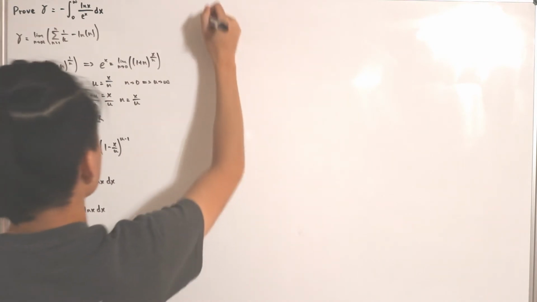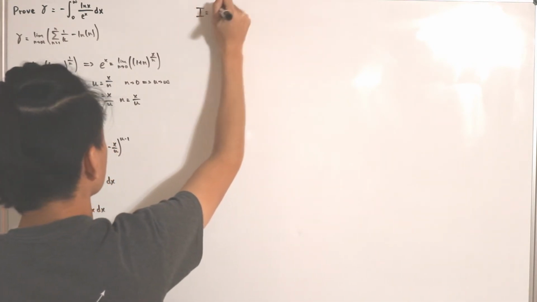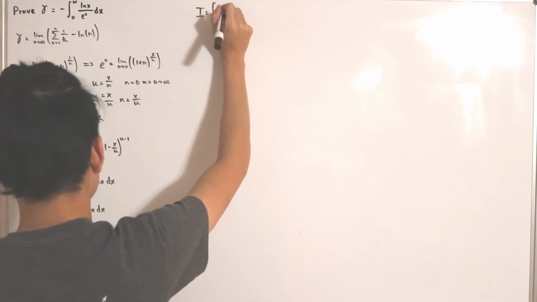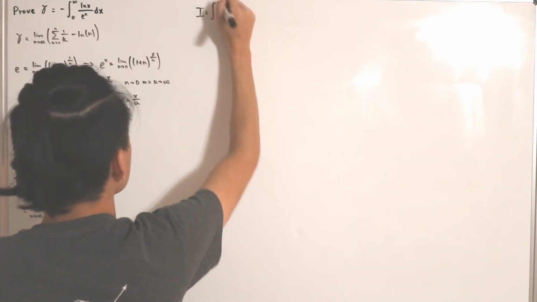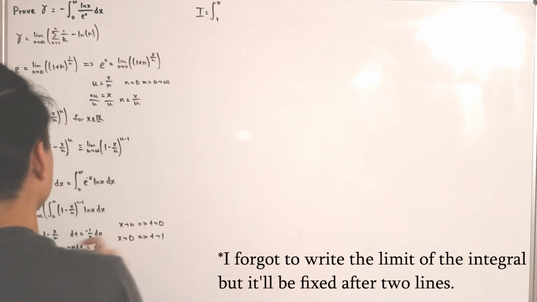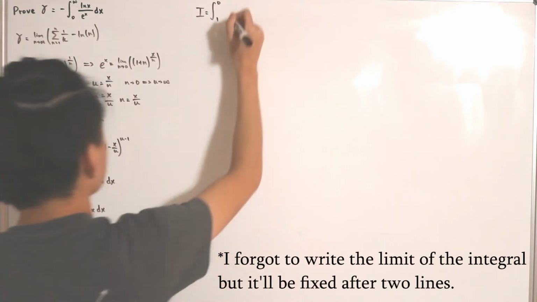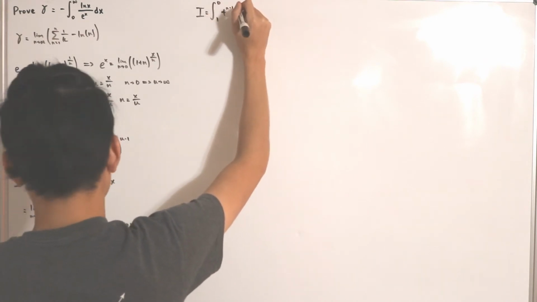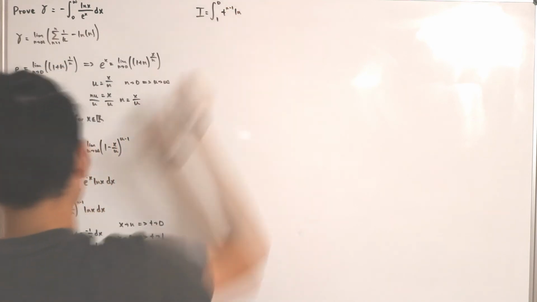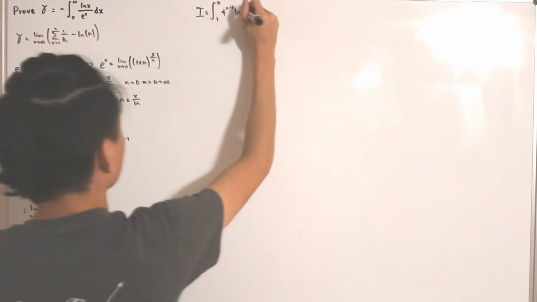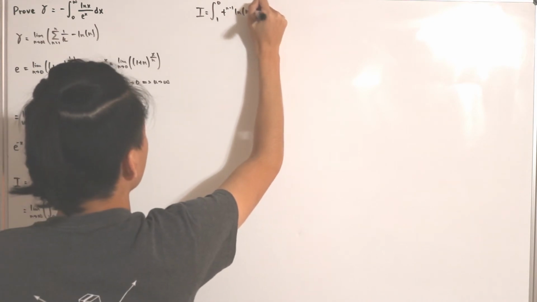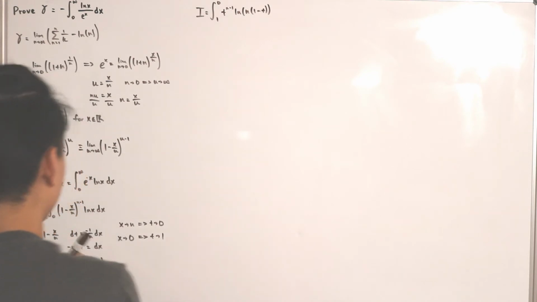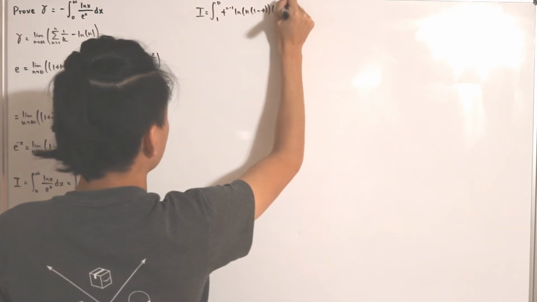When we do our substitution, I is equal to the integral from 0 to 1, and our substitution where 1 - x/n is t, raised to the n - 1, and then multiplied by ln of x, which is n times (1 - t), then multiplied by negative n dt.